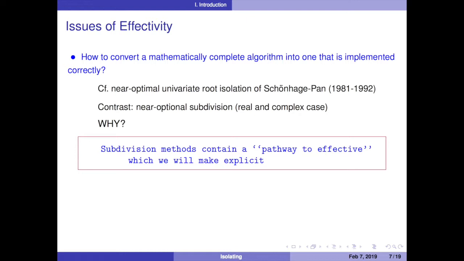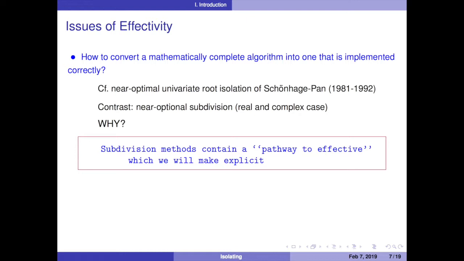In contrast, in the last few years, we started discovering subdivision algorithms, first in the real setting, and then for the complex setting, which are near optimal, theoretically. And then within a year or so of this discovery, we actually could implement them. So that is something that I think is worth a lot. Subdivision is worth a lot for this property.